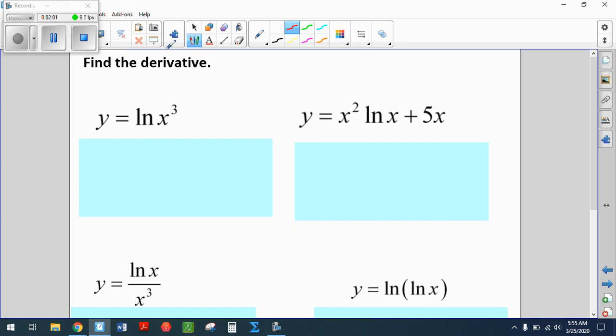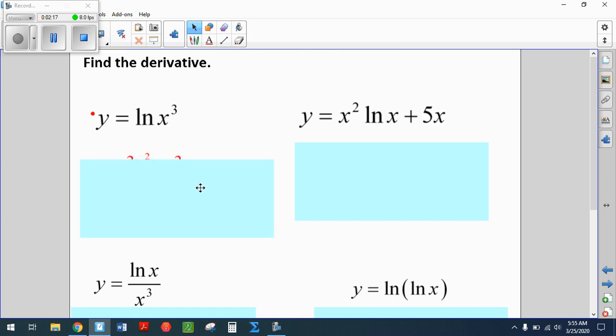Okay, so for this first one, put a red dot by it. y equals natural log of x to the 3rd power. Because it's a logarithm, you can rewrite it using properties of logarithms. So you could rewrite this as 3 times natural log x.